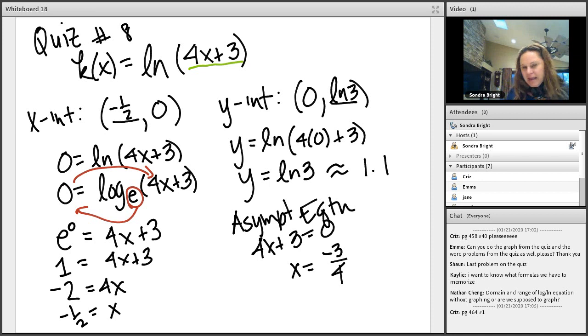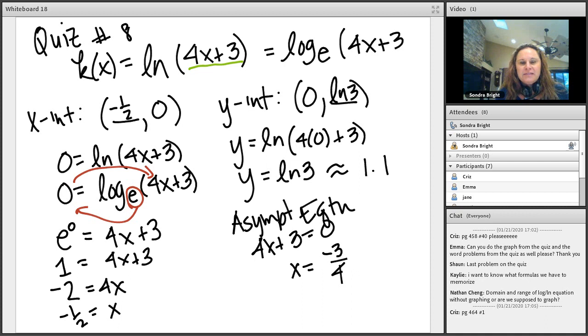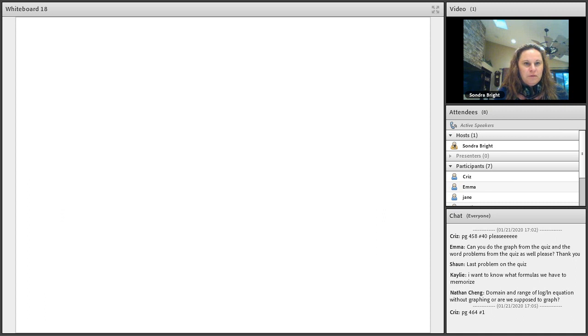Okay, so now that I've got my x-intercept, my y-intercept, and my asymptote, and I know this is a log equation base e, and e is about 2.7, it's going to take on the exact same shape as a log base 2, right? And so I'm going to go to the next slide.